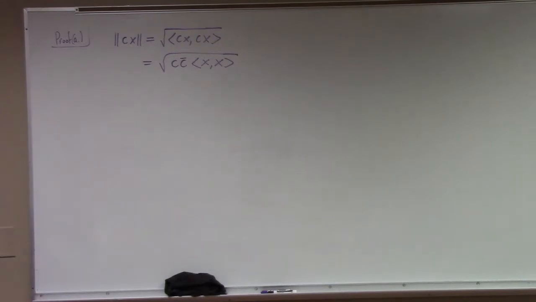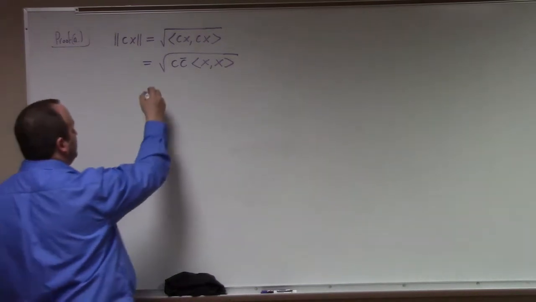This makes sense because C with C conjugate is a real number, a non-negative real number. And x with x is at worst 0. By the thing I just erased, it's either 0 or it's positive. So anyway, this makes sense, is my point.